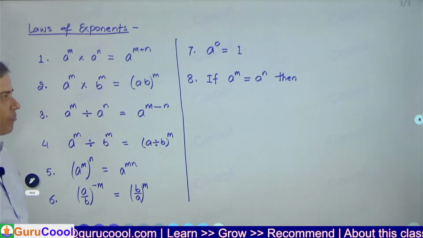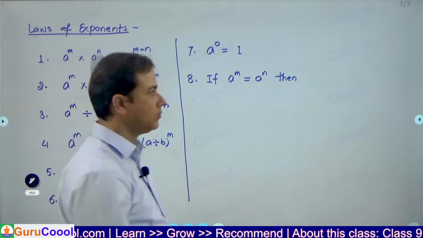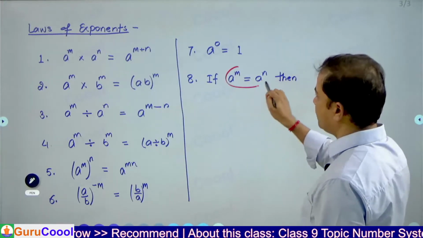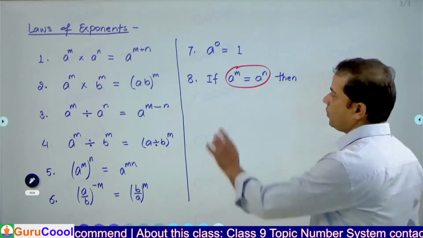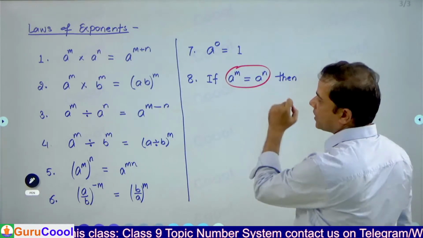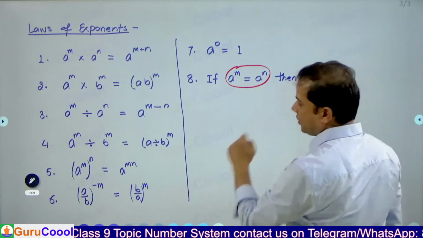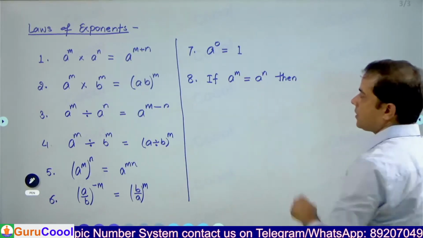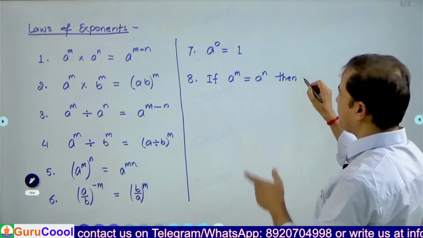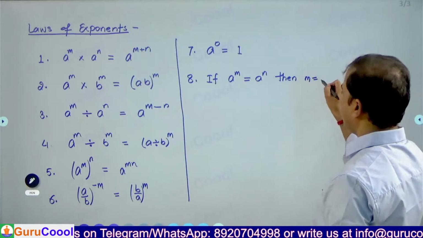Sir, I don't know. Notice it's an equation. It's an equation with same bases both sides of the equal sign. So in this case we remove the same base and we equate their exponents, m equals n.